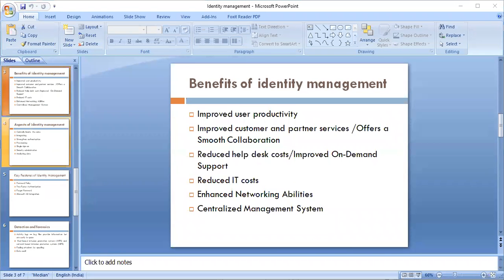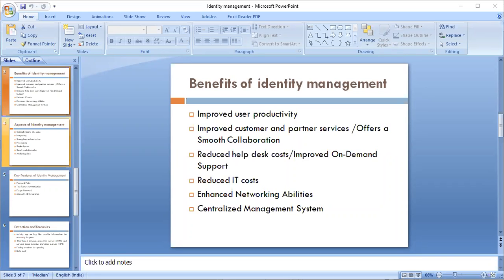So we are having certain benefits of identity management. Number one is improved user productivity. It helps us in increasing the overall productivity. It is a well known fact that cloud based services are hosted and configured by service providers, so these pose little or zero hassle for either the end user or the client.